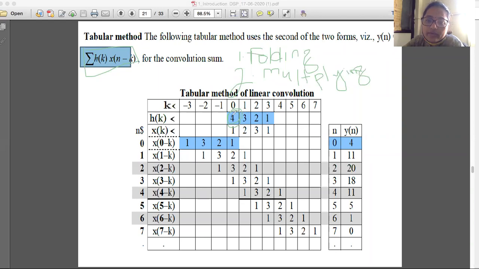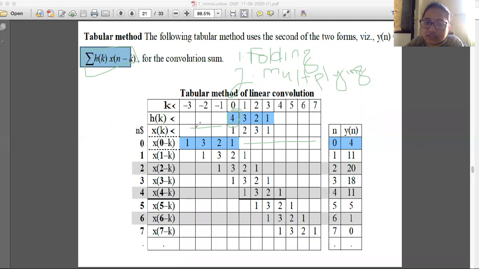So this 4 will get multiplied by 1. So the output sequence at n equal to 0 will be 4, because at the other positions the sequence is just 0. At n equal to 0, we have substituted n equal to 0, so x of 0 minus k.